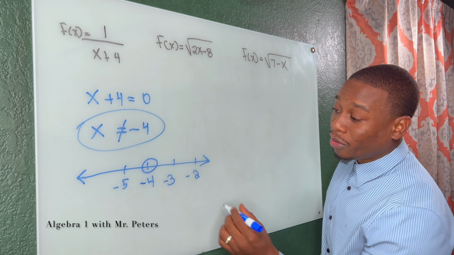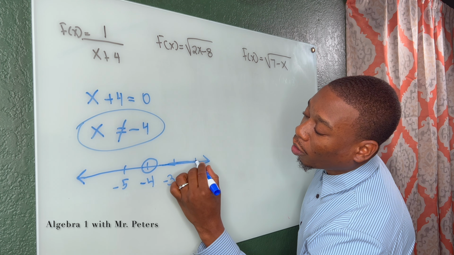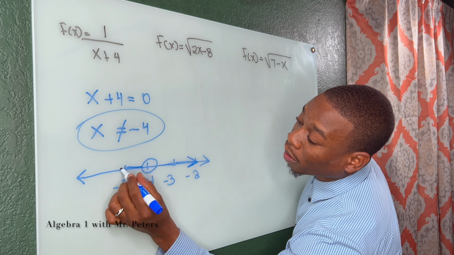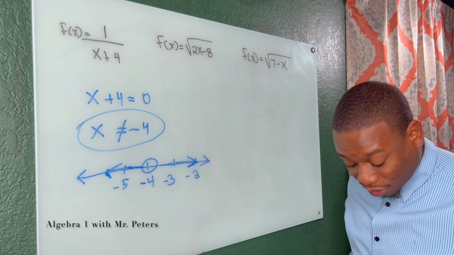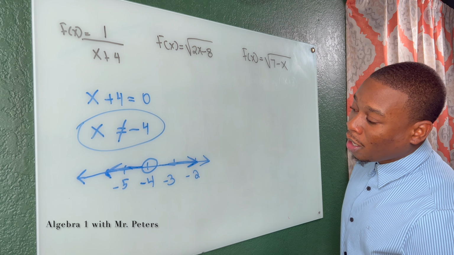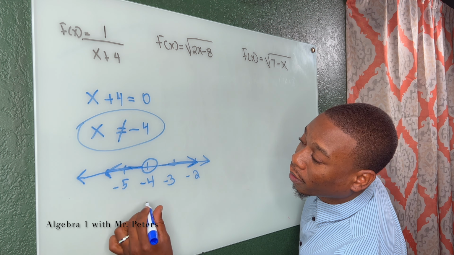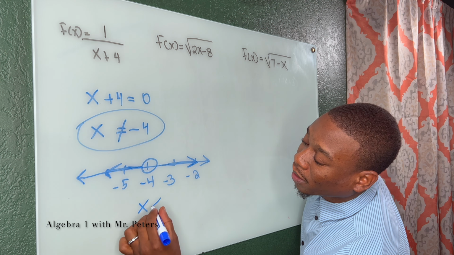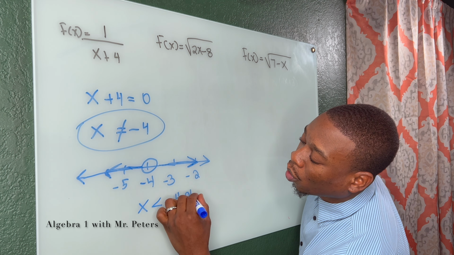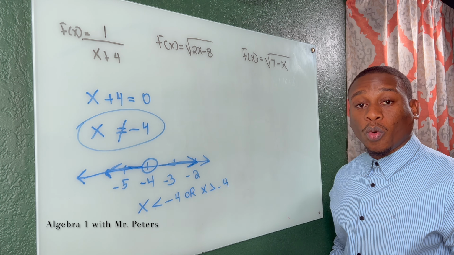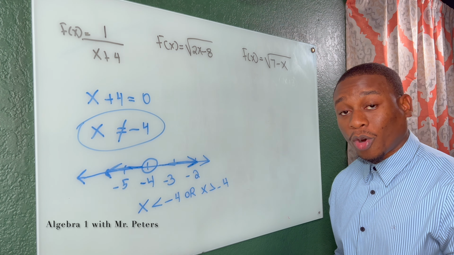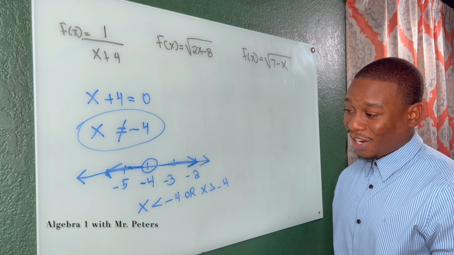So it could be any other number. So we're going to have an arrow running this way and an arrow running that way. So what does this translate to? I'm glad you guys asked. Basically, we're saying that x is less than negative 4 or x is greater than negative 4. And if we want to do this in interval notation now, right?